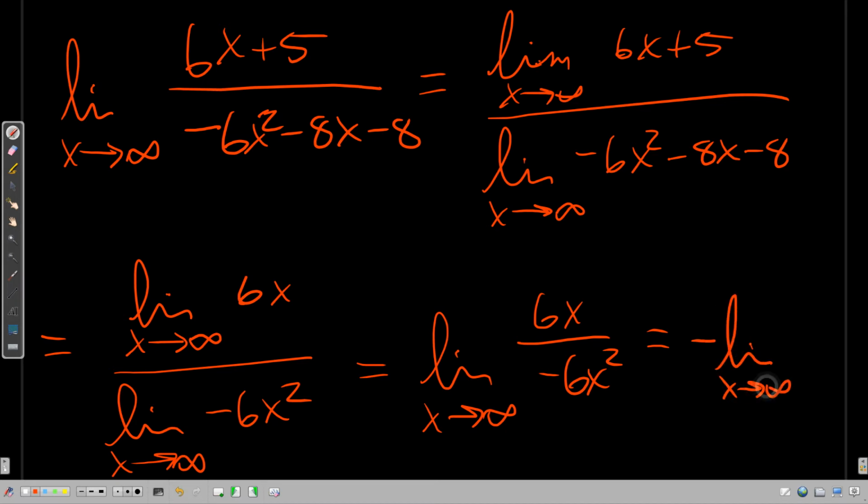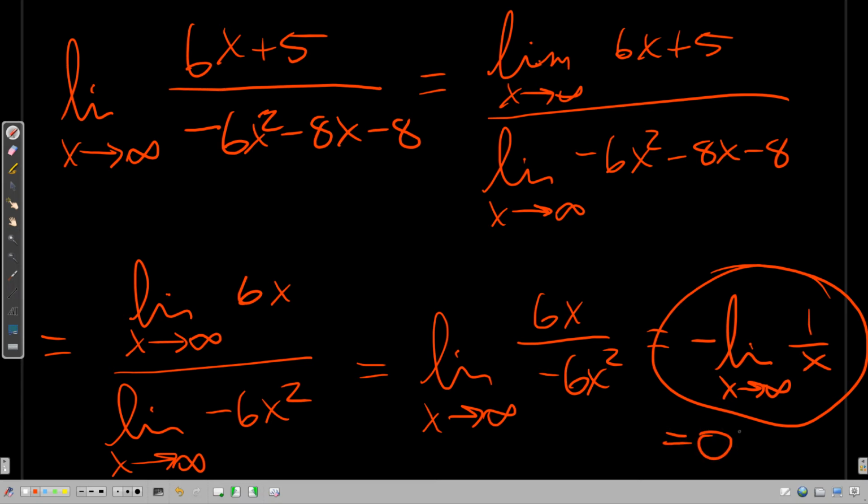This is the limit as x goes to infinity, and so cancel the 6's, cancel the x's. X is going to infinity. This whole thing is going to 0. The limit is 0. But you knew that already because the degree of the numerator is less than the degree of the denominator.